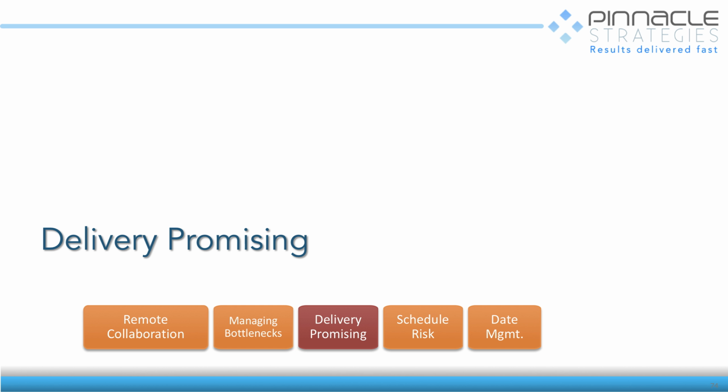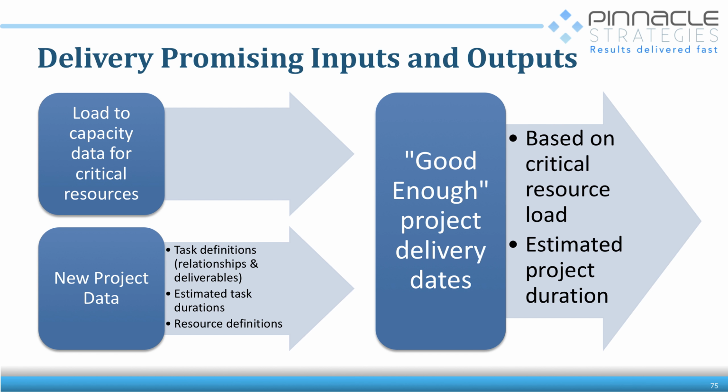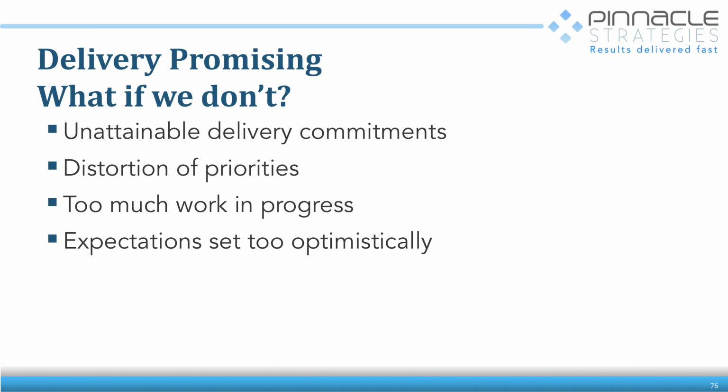All right, now, once we've got the bottleneck and we've got control, then we can start promising deliveries, right? We can get a good enough project delivery based on the critical load, based on project duration, right? And what we're preventing here is overpromising or underpromising.